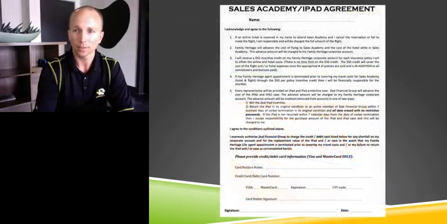In the case that there's any shortfall on the corporate account from the Sales Academy hotel and or flight, and for the replacement value of the iPad and the case, if it's not returned or not earned or won through the incentive, then Zeal Financial Group has the authority to charge the credit or debit card for those costs from the iPad or the shortfall from the Sales Academy. So again, this is a safety feature that we have in place to make sure that we're not being taken advantage of.